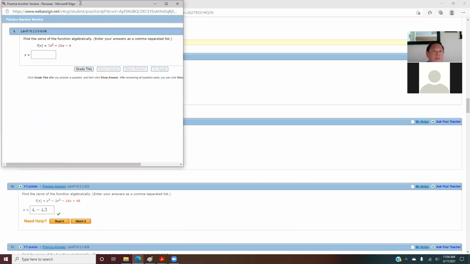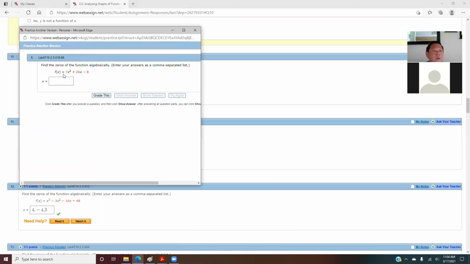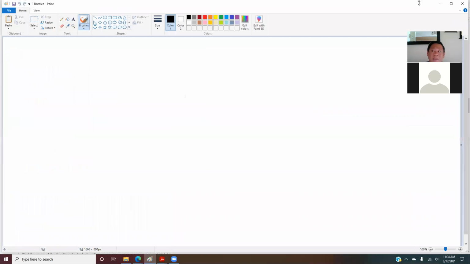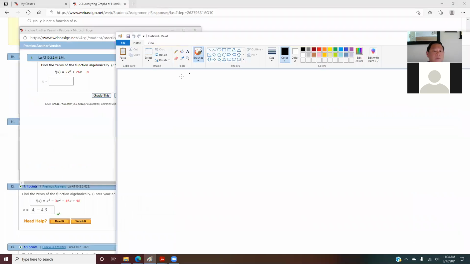So what you do here is, for example, this is the same thing as question 10 that you asked. If you have this, you just need to set it equal to 0 and solve it. I'll do another one: 7x squared plus 26x minus 8.